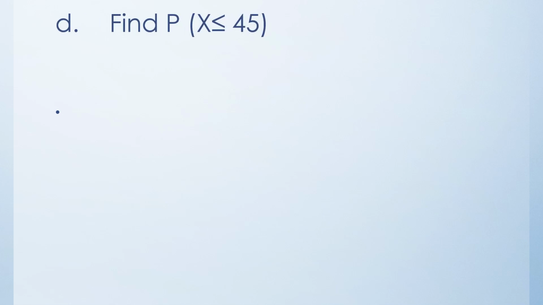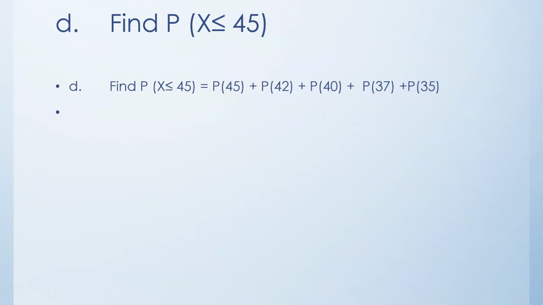Find the probability of x is less than or equal to 45. This means that we will find the sum of the probability of 45 plus probability of 42 plus probability of 40 plus probability of 37 plus probability of 35.